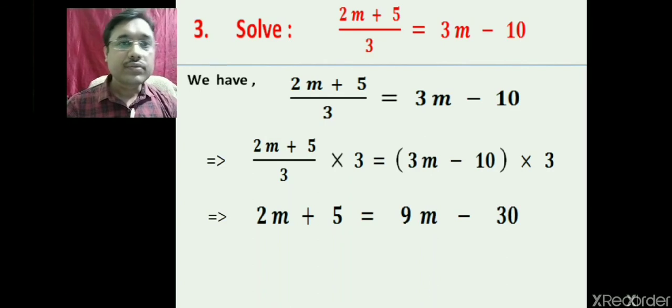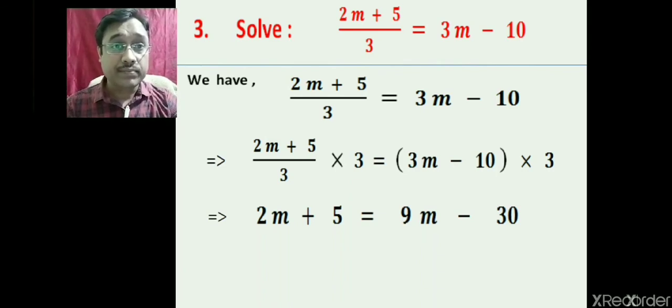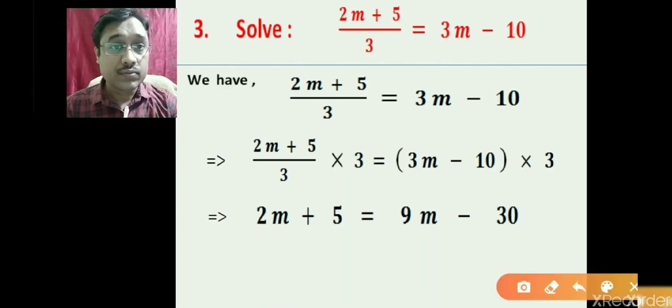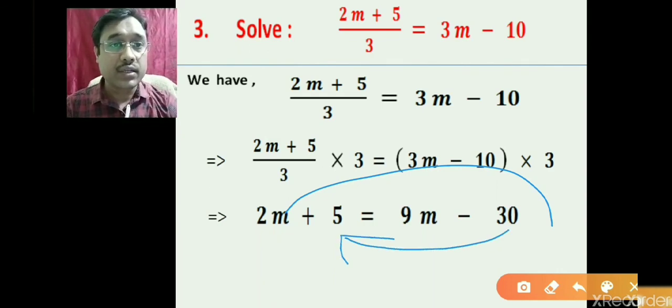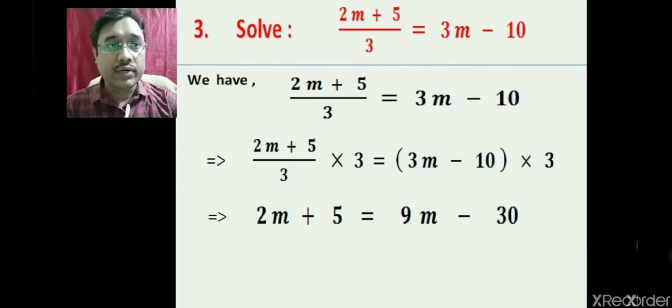Now transpose this 5 from LHS to RHS, or you can also transpose this minus 30 from RHS to LHS, and this 2m you can take to the RHS side. So that I am going to do here.